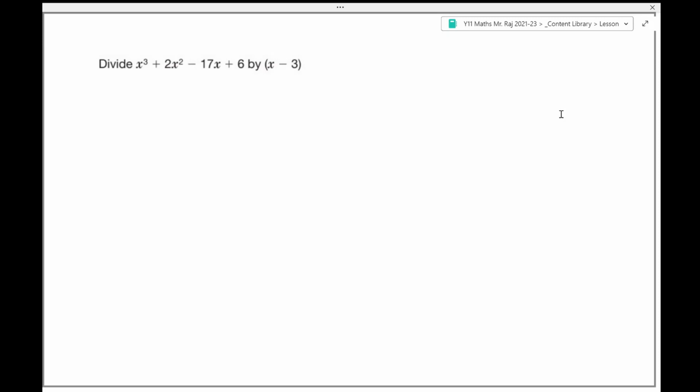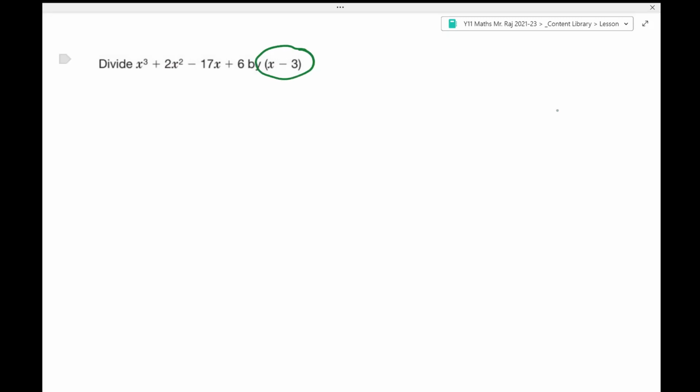So here we have been given x minus 3, and we have to divide x cubed plus 2x squared minus 17x plus 6 by x minus 3.